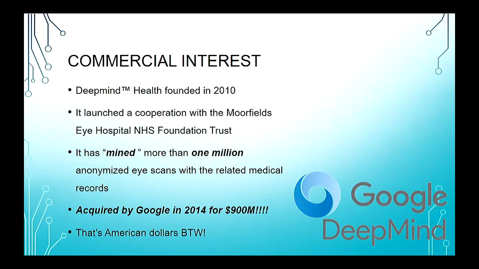And the hospital, being nice clinicians, says, yes, of course. The problem is DeepMind didn't tell the hospital what sort of data exactly they were going to access. So they essentially helped themselves to all the data they could gather. It resulted in a lawsuit, and Google later bought DeepMind and paid the fine of $900 million, which is nothing for Google, by the way.